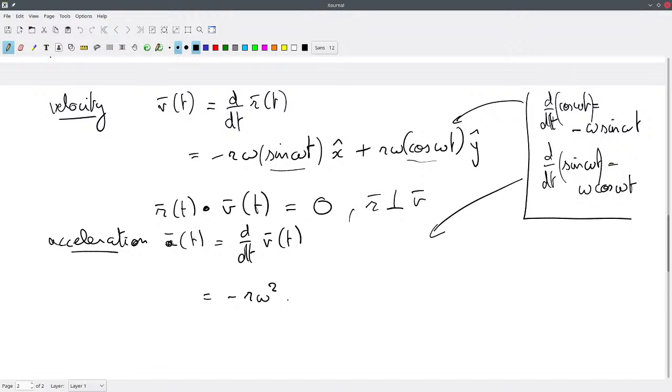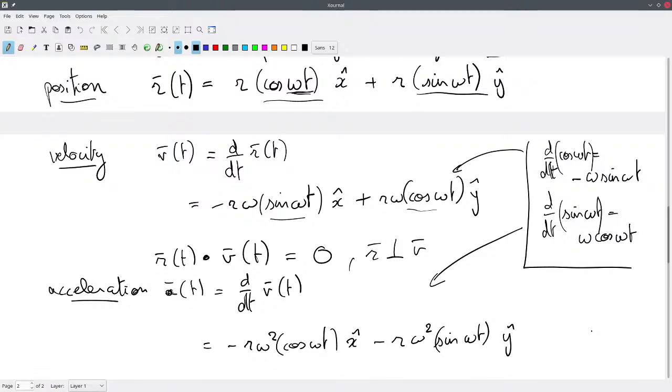Now this sine is going to turn into a cosine omega t x plus r omega squared. The cosine is going to turn into a minus sine, so we're going to get a minus here and the sine of omega t in the y direction. So that's our acceleration.